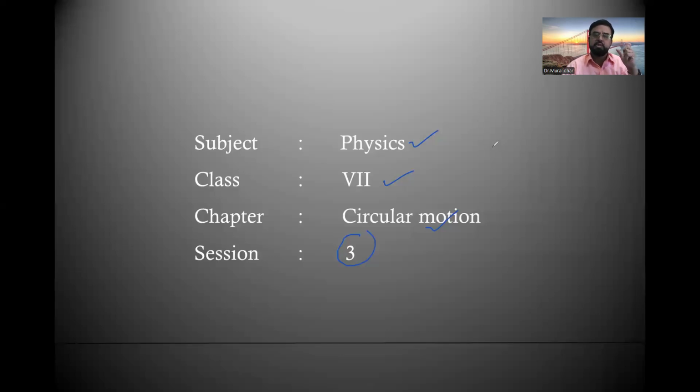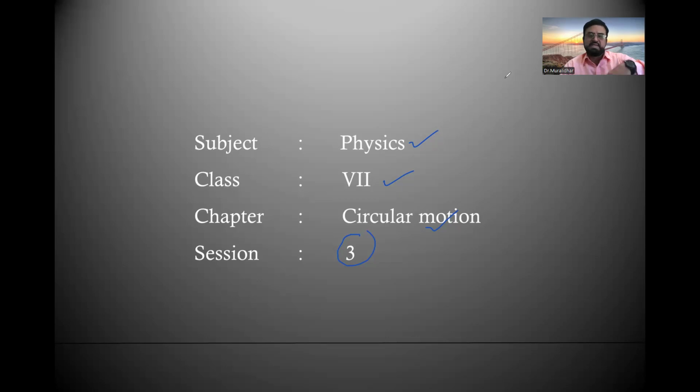Because when a body is moving along a straight line, some kind of force acts on it continuously to make the body follow a curved path. That plays a very important role in our day-to-day applications also. In our day-to-day life, we see so many examples of circular motion, right?